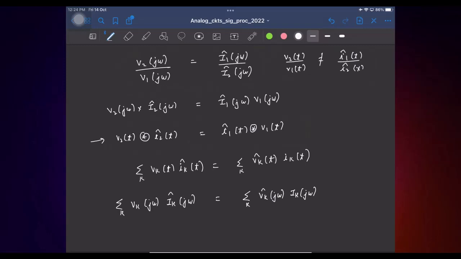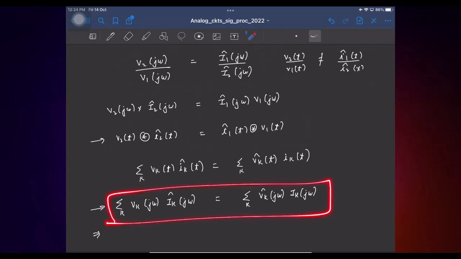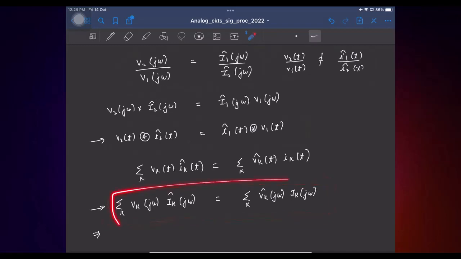But say you don't know frequency domain. This is in time domain. What does it imply? This is where we started to prove reciprocity in frequency domain. So if this is equal in time domain, what does it imply? It's convolution. So ik hat of t.